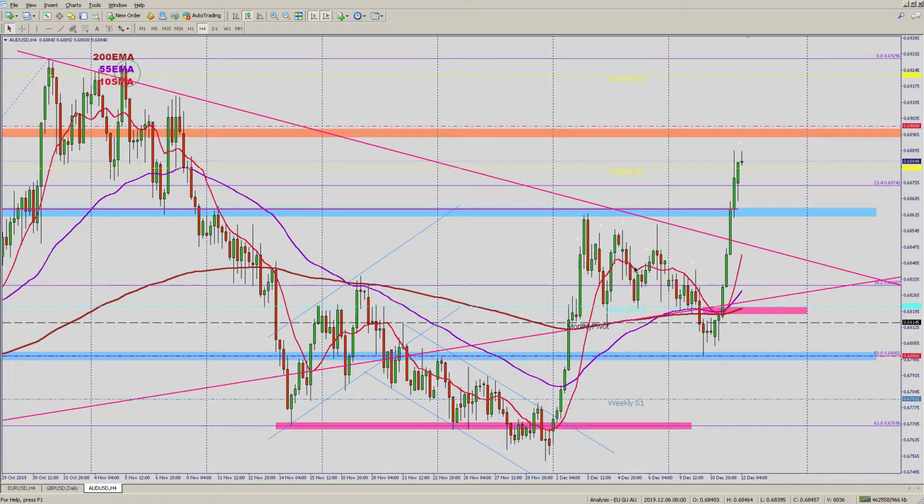So it was consolidating inside this, moving into the apex of a triangle, and this was actually a classic fake move down to find support from this level, and then climb back up all the way to break through the upper trend line.